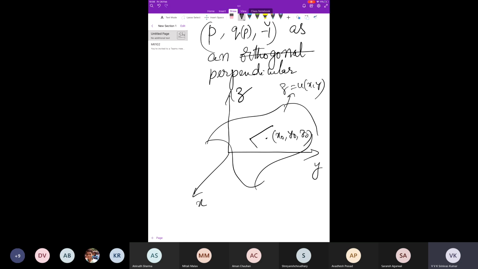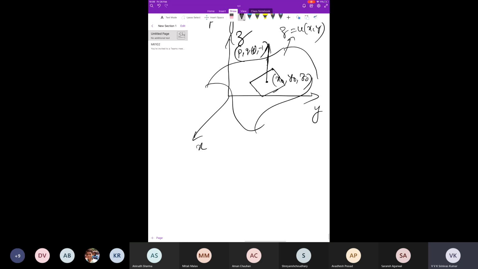We want to know the tangent plane at this point, having an orthogonal (p, q, minus 1). We want to know the equation of the tangent planes because these will generate for us. What is the equation of a tangent plane passing through a point and having some perpendicular? We can construct that.